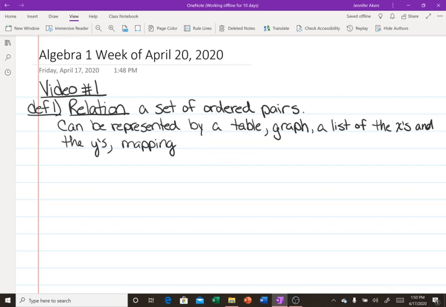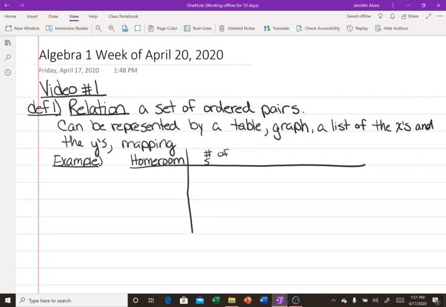Okay, so an example of a relation. Let's say I have homeroom, the number of students, and the number of donated canned food for a food drive.